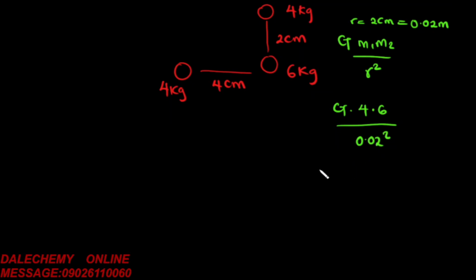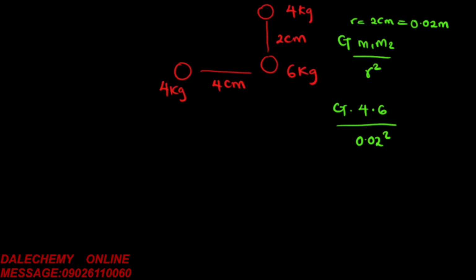Your G is a constant. It's not given, so you have to know it off. When you want to get the value in the calculator, you press shift constant, and it is at number 39.